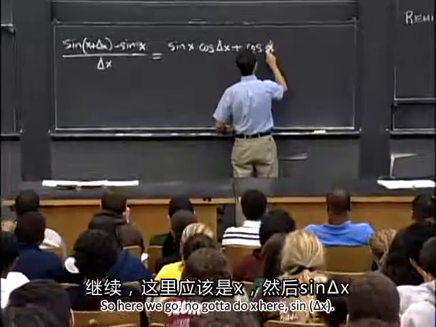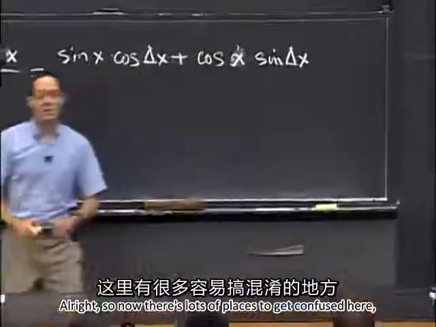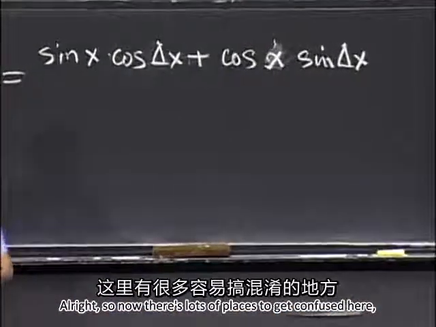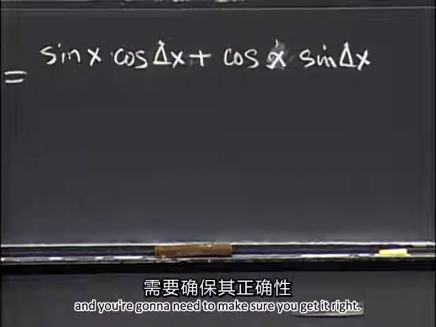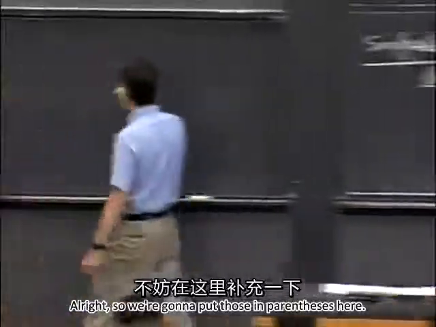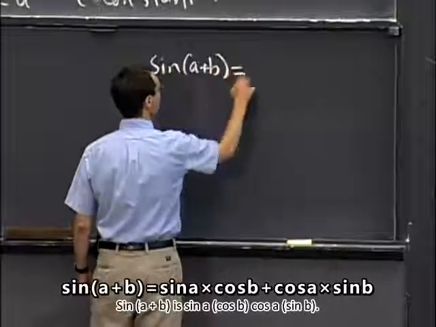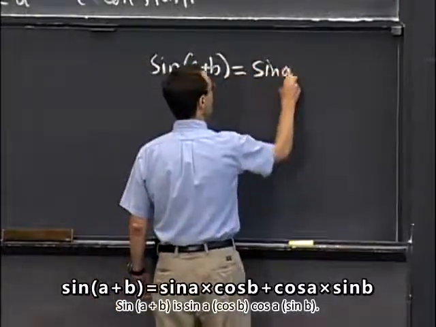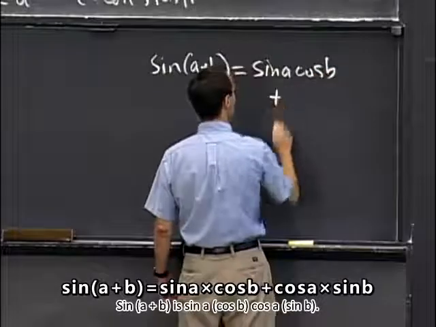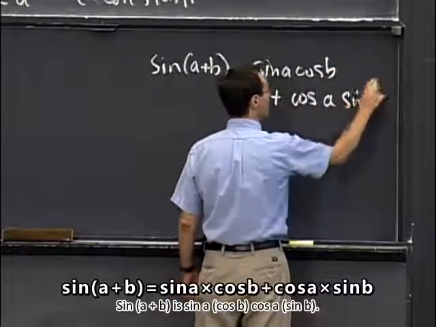No, you've got to do x here, sine delta x. All right? So now, there's lots of places to get confused here. And you're going to need to make sure that you get it right. All right? So we're going to put those in parentheses here. Sine of a plus b is sine a cos b plus cos a sine b.